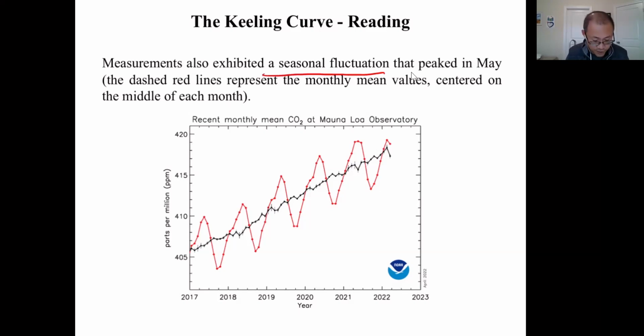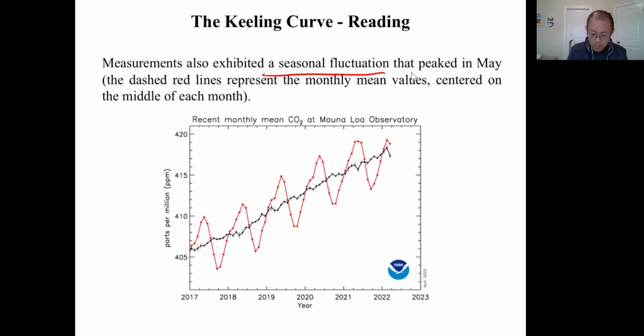During the spring it is the highest, then starts to drop, then rises again and drops. Okay, the red dashed line represents the monthly mean values. You can read about it under the name Keeling's curve, which shows the seasonal fluctuation of the carbon dioxide concentration. And these are the recent data, from 1958 to recent.